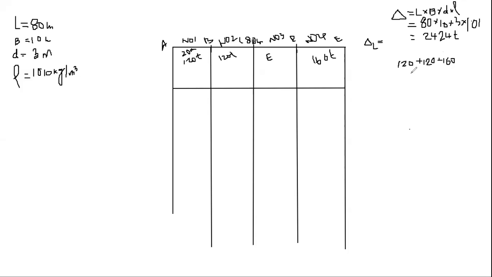So 240 plus 160, that will be 400. So this will be 160 plus 240. It means 200 plus 200, that is 400 tons.